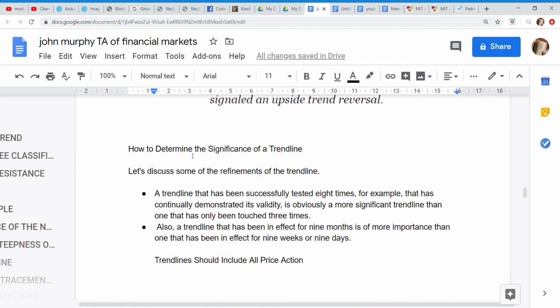How to determine the significance of a trend line? Let's discuss some of the refinements of the trend line.